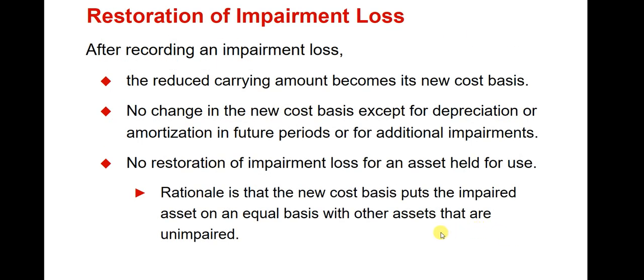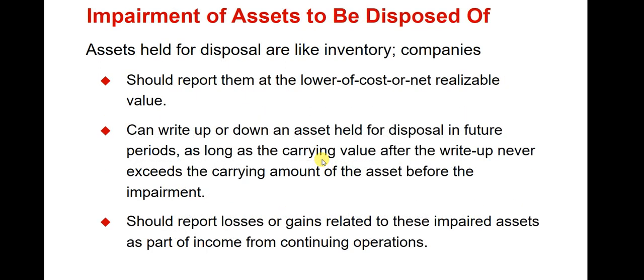Restoration of impairment loss, basically you don't do it. There's no restoration of an impairment loss in an asset held for use. You just depreciate over the remaining life, just like we did if we revised the estimate.